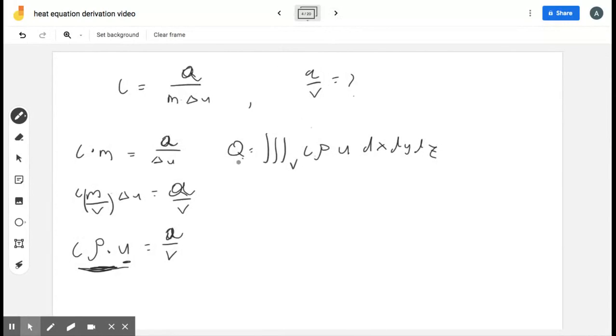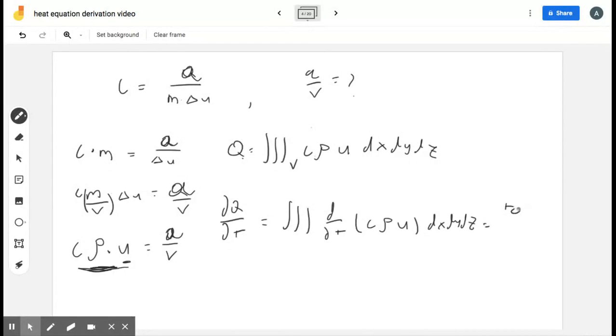So what we can do is say that dq over dt is equal to the triple integral of the derivative with respect to time of C times density, specific heat times density times the temperature distribution, dx, dy, dz, which is equal to the total heat flow going in or out of, flowing through the material we're using.